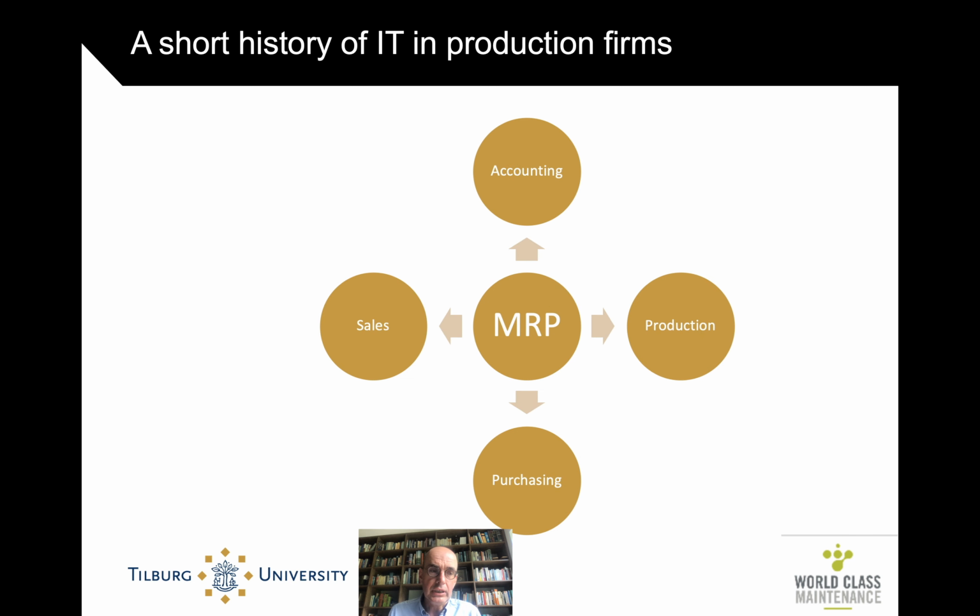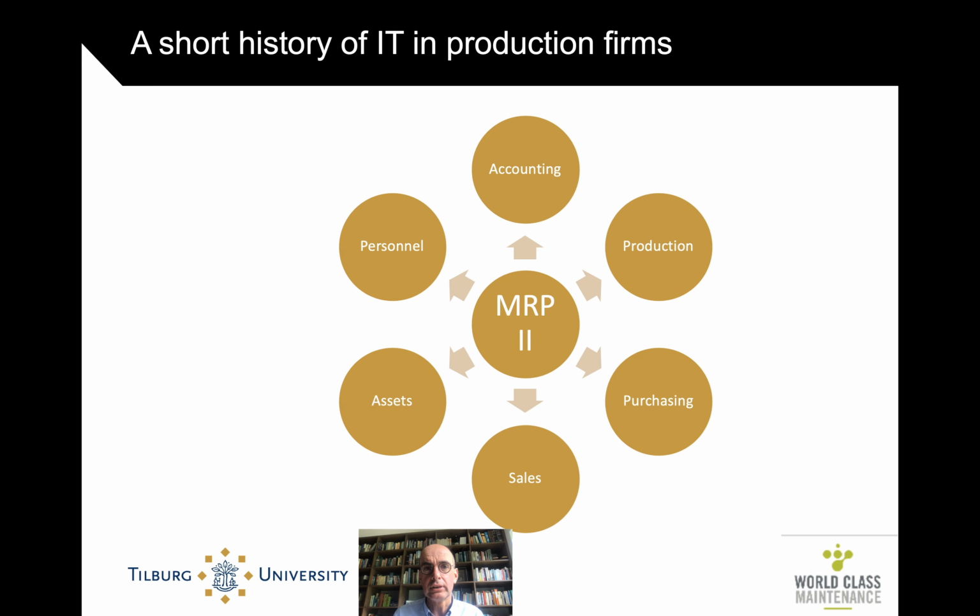Later on, you got MRP, and MRP has this great concept of translating sales orders into production orders and even, time-based, into purchasing orders. That was a significant improvement, because it meant there was one system to coordinate the entire flow of goods through the production organization.